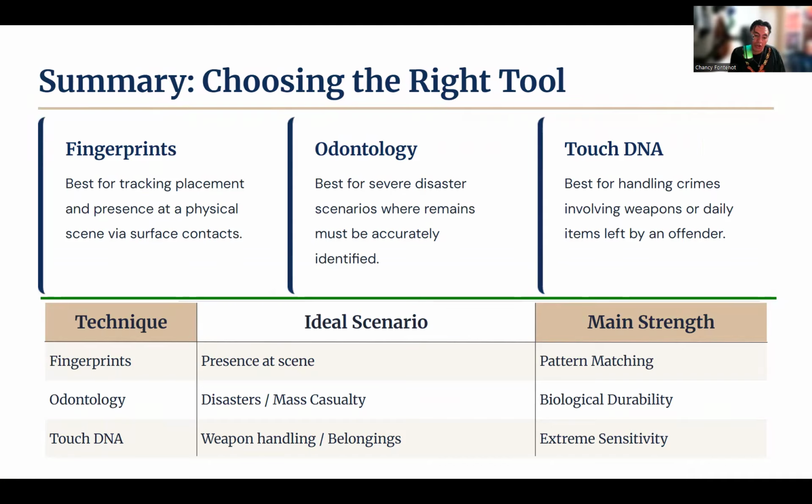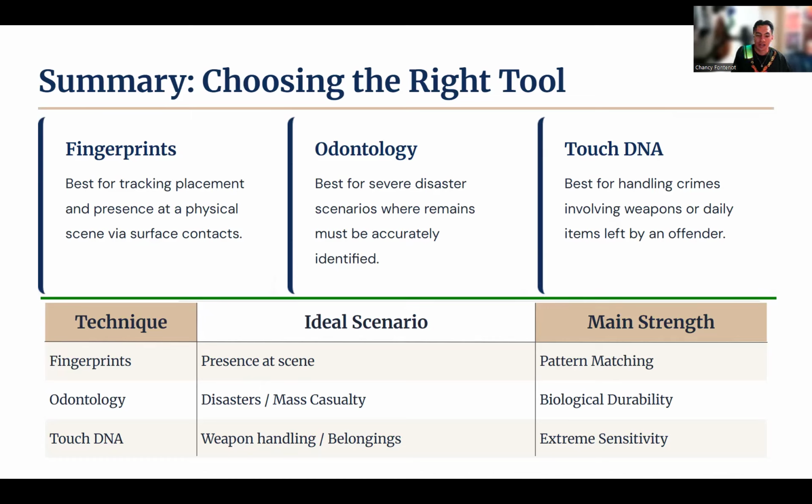If we bring all three pillars together onto a single matrix, the big picture becomes clear. Fingerprints are ideal for tracking presence at a scene via surface contacts, but the process is vulnerable to human cognitive bias. Forensic odontology offers unmatched biological durability for severe disaster scenarios, but becomes highly subjective when misapplied to bite marks on the skin.